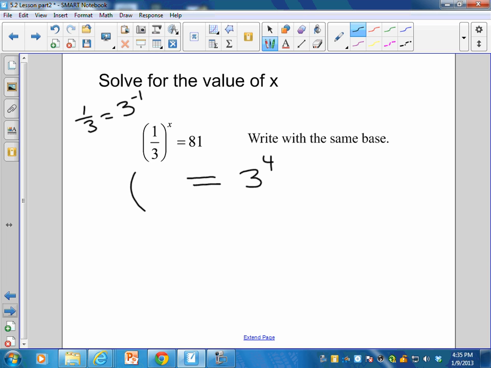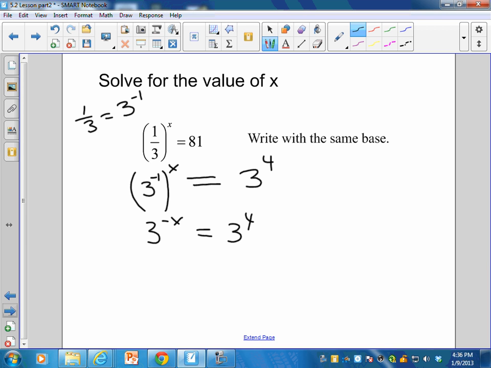So I'm going to rewrite this as 3 to the -1 to the x equals 3 to the 4th power. I've almost got those equal to each other, and I use the power of exponents to multiply -1 times x, so 3 to the -x equals 3 to the 4th.